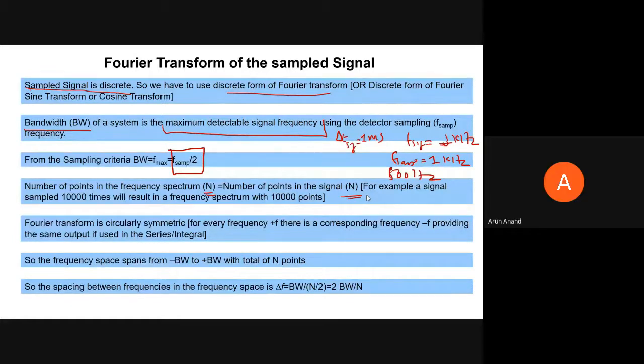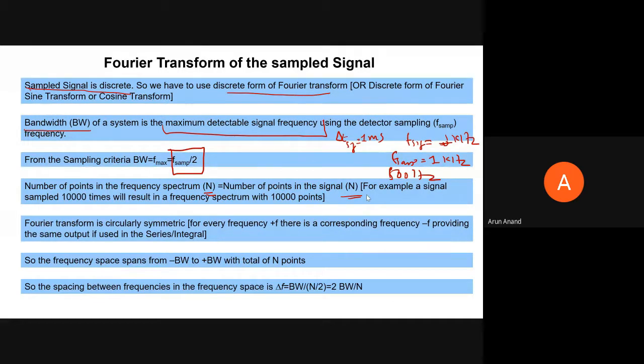Now one of the properties of the Fourier transform is that it is circularly symmetric. It means if frequencies 100 and 200 together give you the signal, then frequencies at minus 100 and minus 200 hertz will also give you the same signal.